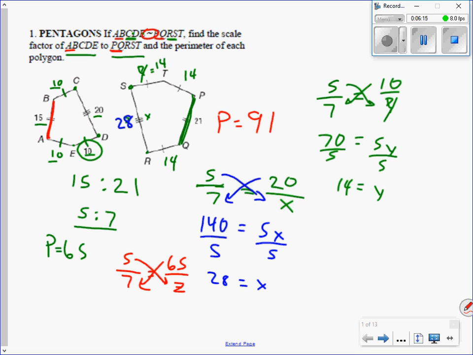And we could have found Z, 7 times 65 equals 5Z, by doing 7 times 65 divided by 5, and that would have kept us from needing to find these, if all we needed to know was perimeter.